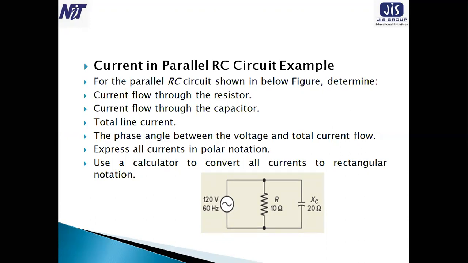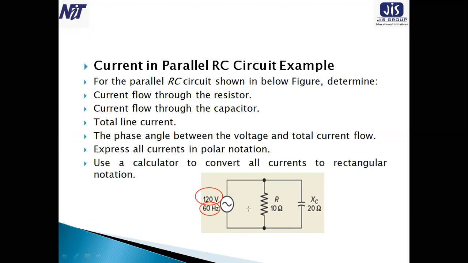A circuit is given here. It is clear that the supply is 120 volts and 60 hertz. Normally in the Indian standard it is 50 hertz, but in this case it is 60 hertz. So be very careful at the time of calculation of omega. Please concentrate on the given value.